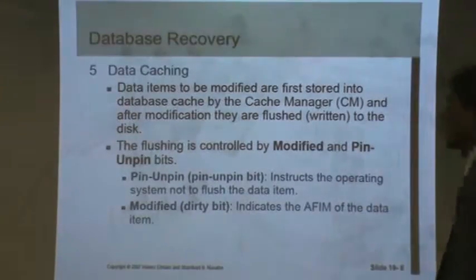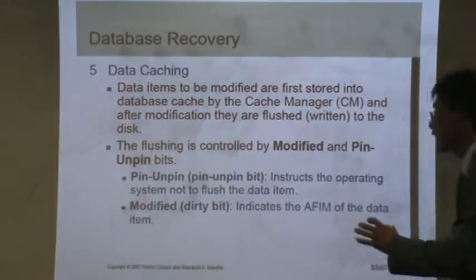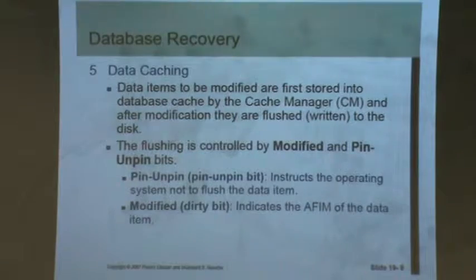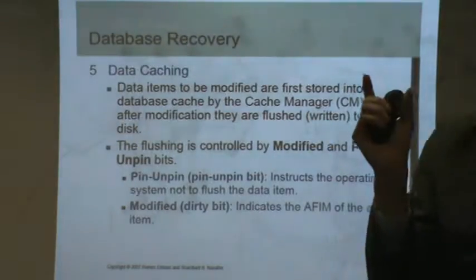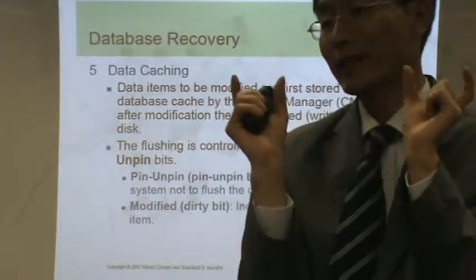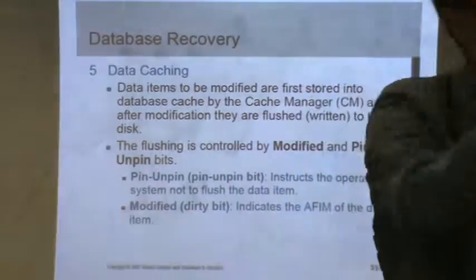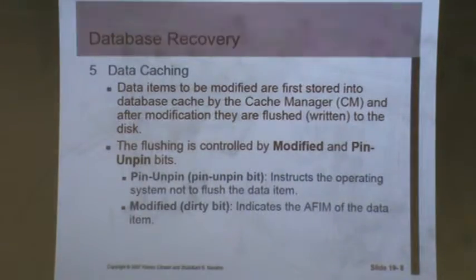The modified or dirty bit means that the block is changed, so it holds the after image. We have discussed the before image, and AFIM is the after image. For example, if a transaction is not committed, other transactions need to access the before image.